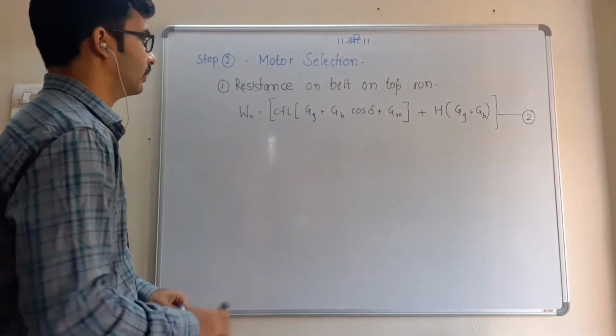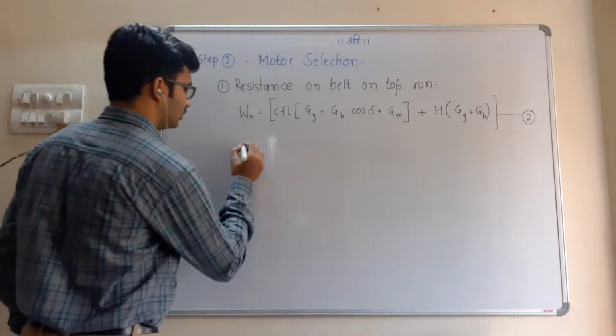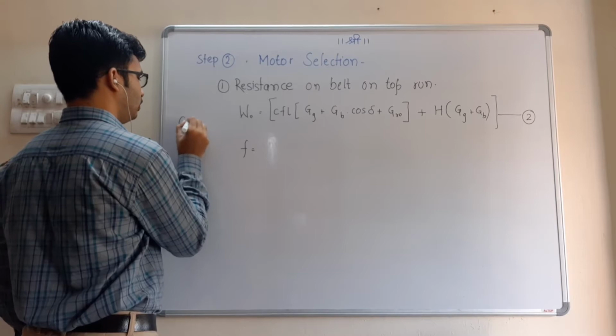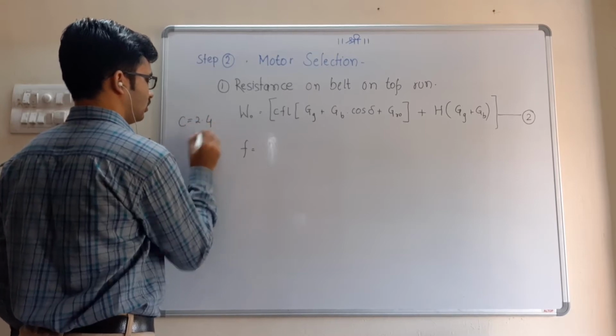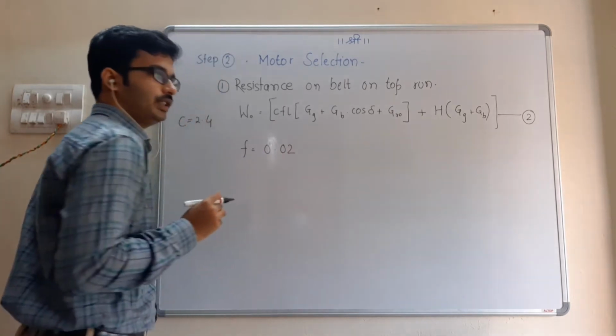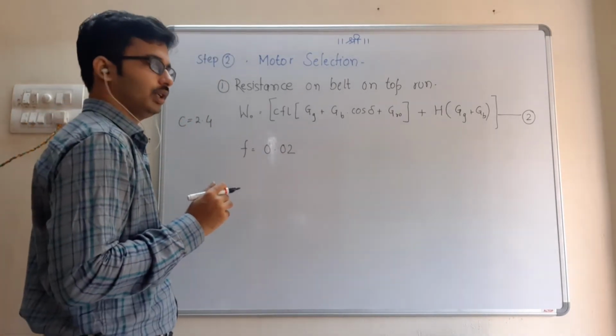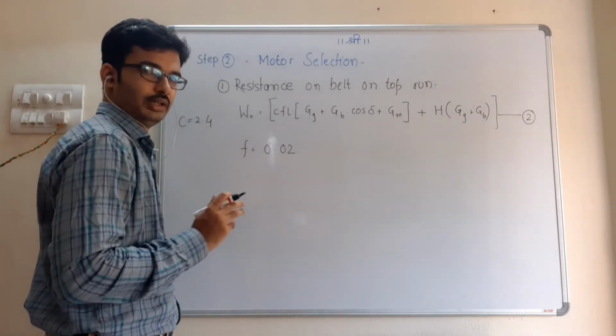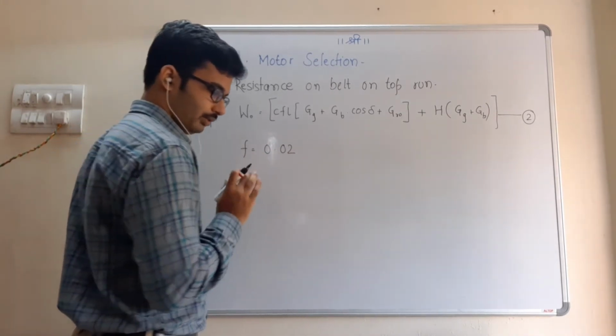Then F is 0.02. This value is standard and you have to consider it 0.02 only for a standard belt conveyor system.